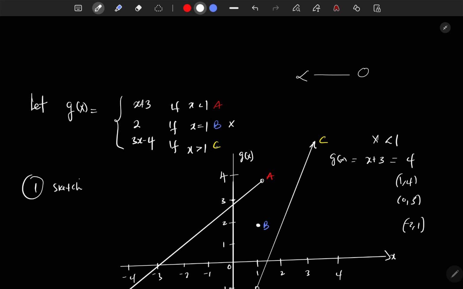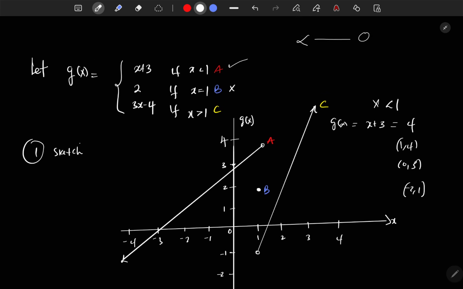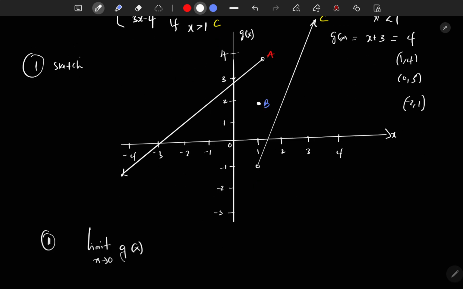X is greater than 1. Can we get 0? If all the numbers are greater than 1, no. But this part here agrees with the statement that x approaches 0 because x is less than 1, meaning it's starting from 0. So the only function we are going to use is that one.